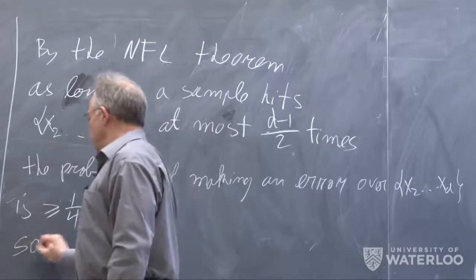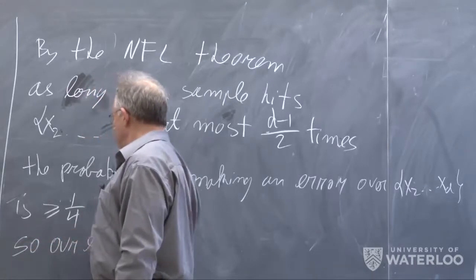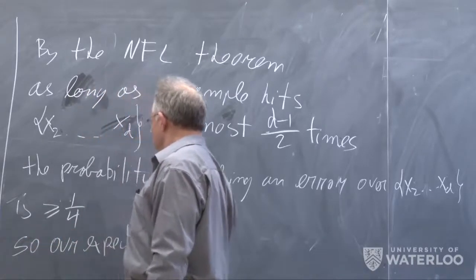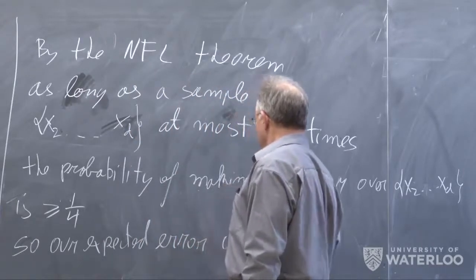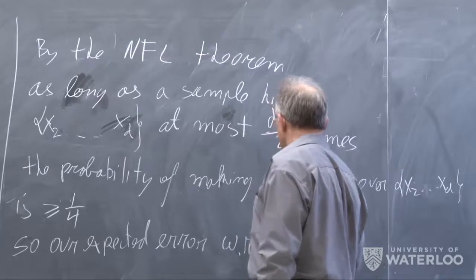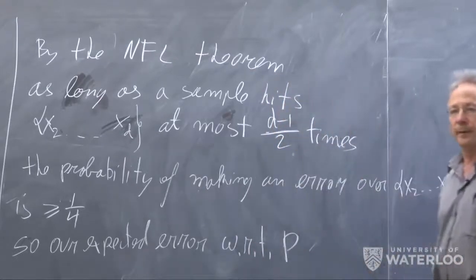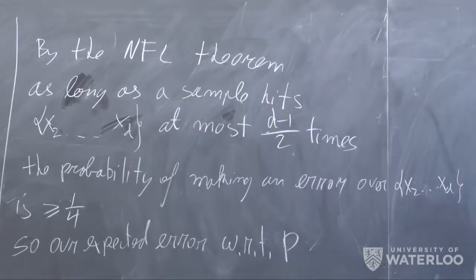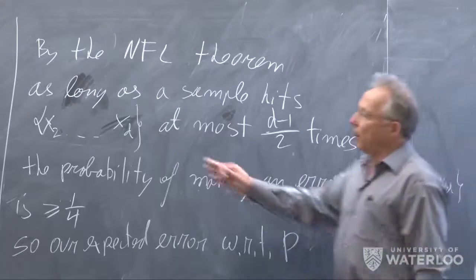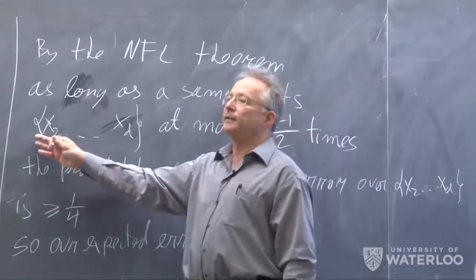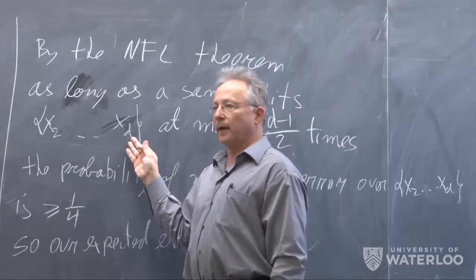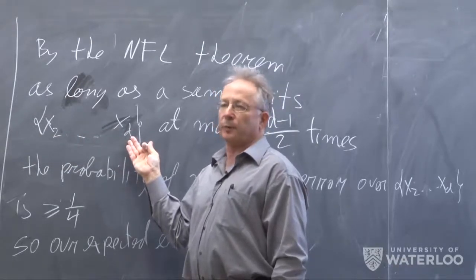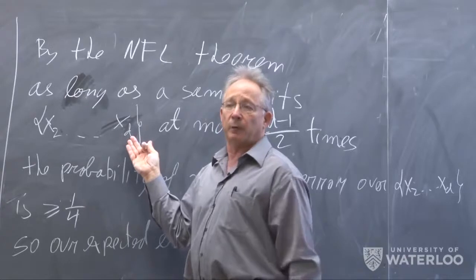So our expected error with respect to P, how much is it going to be? So on this set, given that the test point comes from this set, I'm going to make an error with probability, expected, a quarter.